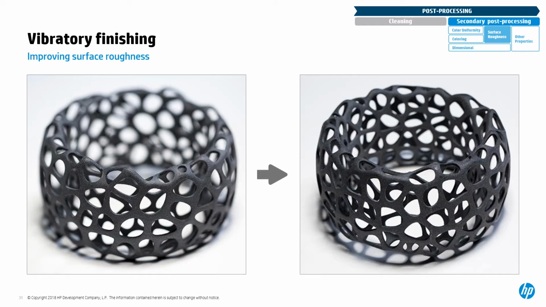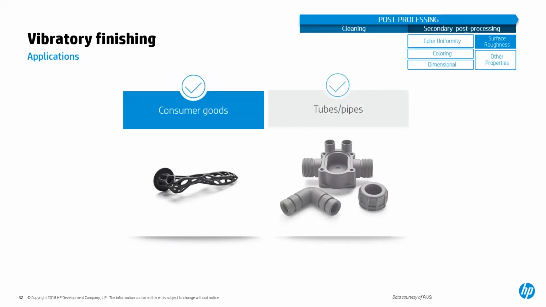So, for example, through the tumbling, we can get a more homogeneous roughness all around the part. And this option could be interesting, for example, in consumer goods or in tubes or pipes where the smoothness of the part is relevant, for example, to get a proper laminar flow.